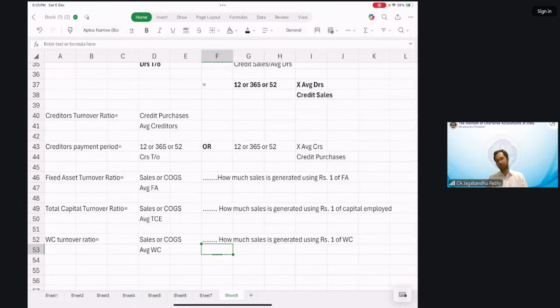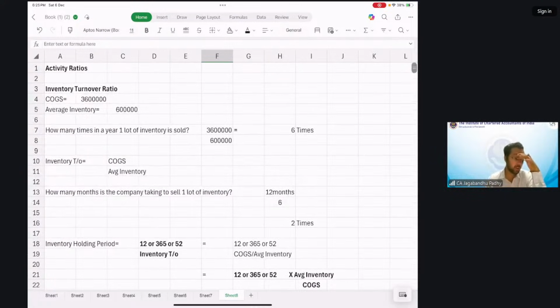So there's quite a confusion about whether to take sales or COGS in the numerator, but you will have to take sales if nothing has been specified in the question. Clear? Are we good, everyone? Fine. So these were some of the activity or turnover ratios.